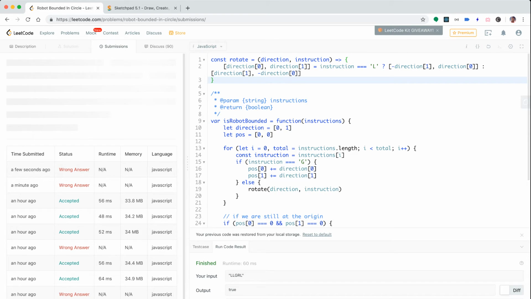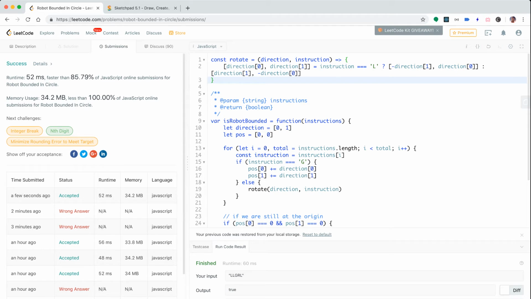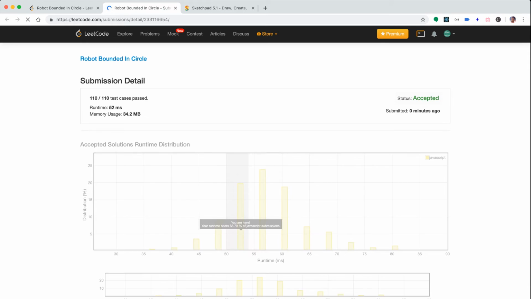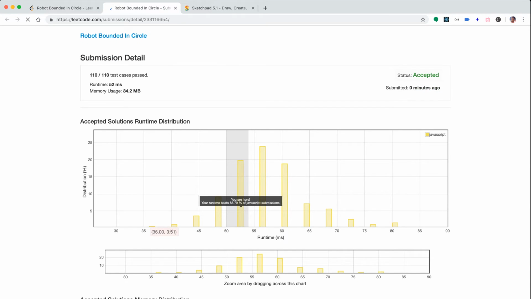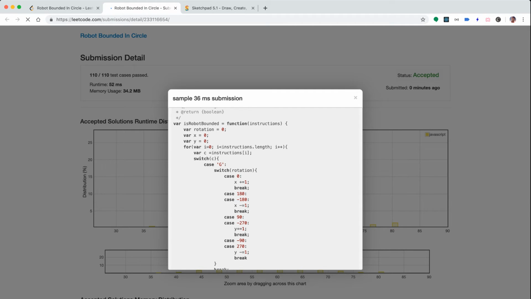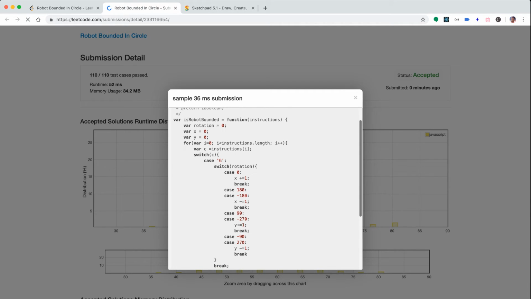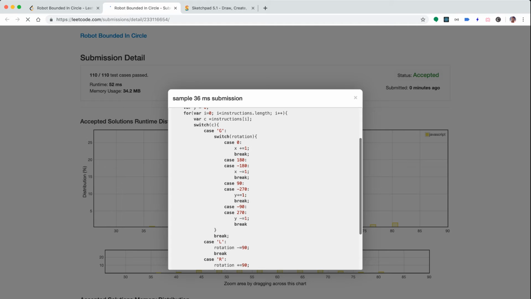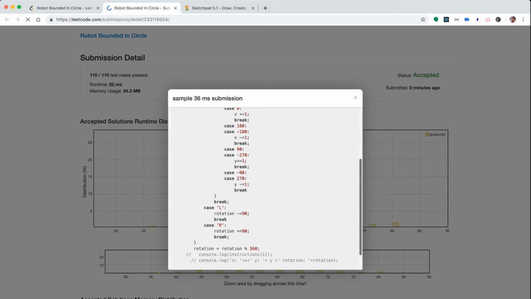Submit again. Accepted, yay! We got faster than 85% of the submissions. Not bad. Let's take a look at the other solutions. Wow, they are really fast. Rotation 0, instructions, case G, case swap, break.